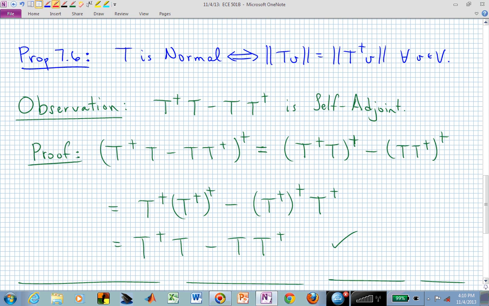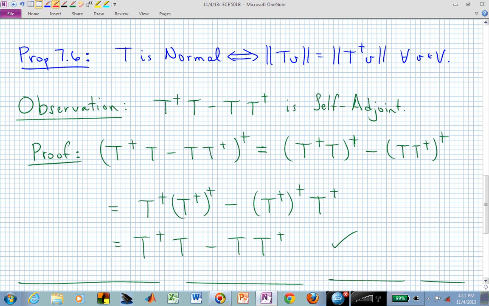Well, you do the same thing when you're taking the adjoint, meaning if we look at this first term on the first line on the right-hand side of the equality, now we're looking at T dagger T daggered. So the first thing we need to do is put T down with a dagger. Then we follow that with the dagger of T dagger. Over here, then we subtract T dagger dagger times T dagger.